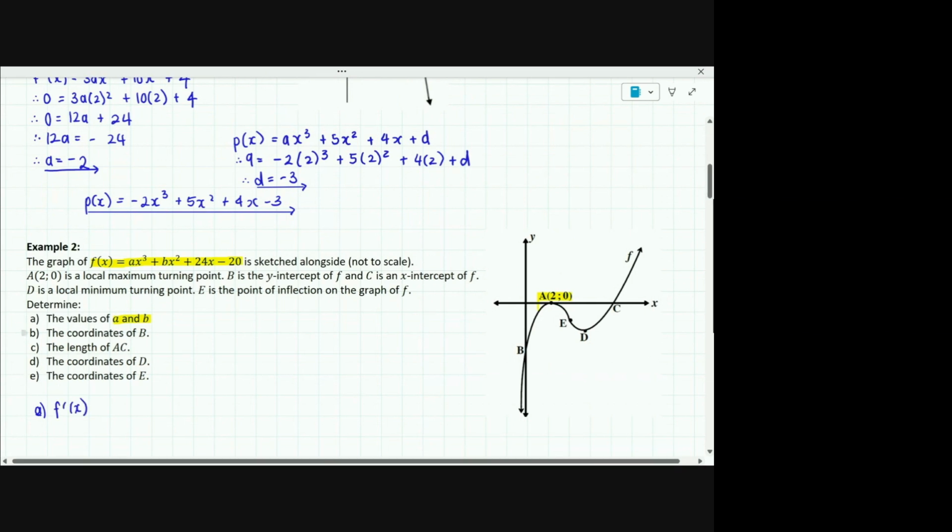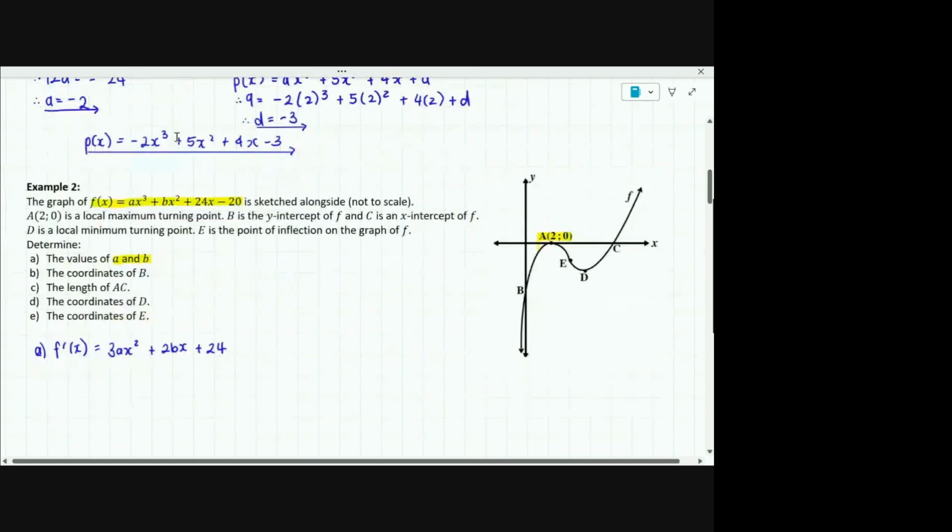So you're looking at my equation there that I've highlighted in yellow at the top. We use our trick. So 3ax to the power 2 plus 2bx plus 24. And we know that where that first derivative is equal to 0, I find my turning point. So 0 equals 3a.